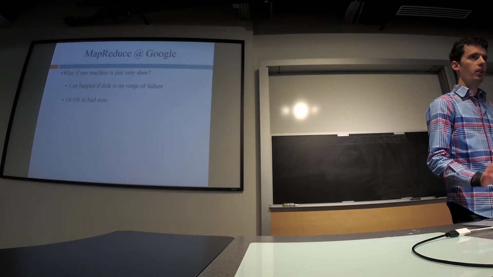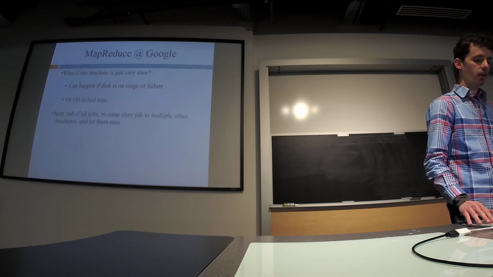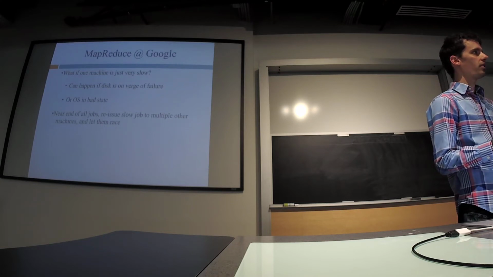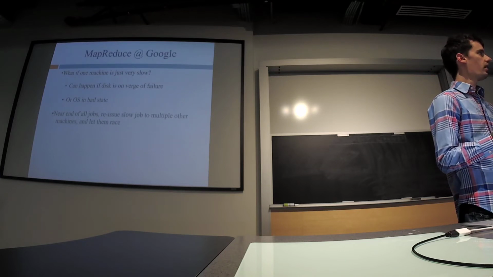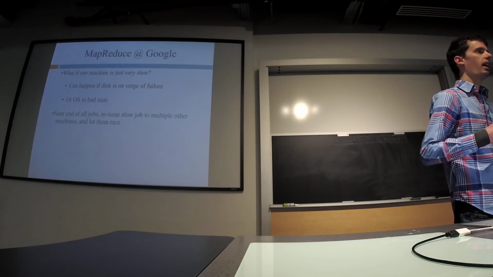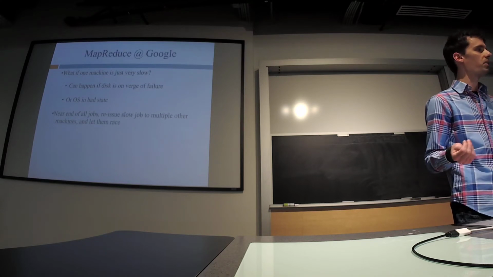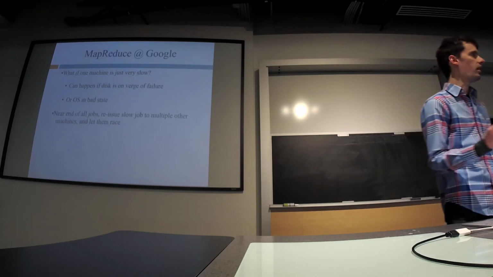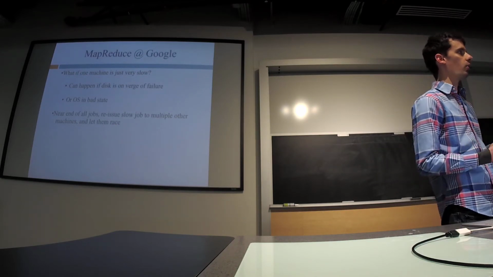What Google does, and what probably most MapReduce implementations do, is near the end, if there are one or two jobs still running and only a few machines actually working, it'll take those jobs and give them out to a bunch of other machines and let them race to see who wins. One of them will probably be running at full speed, and you'll get the result back before the slow one, and then you can just kill the slow one.